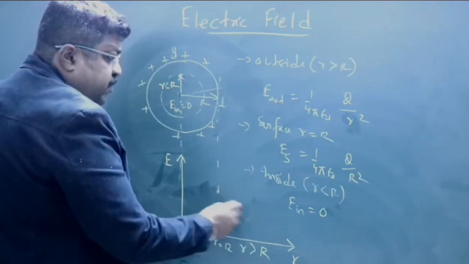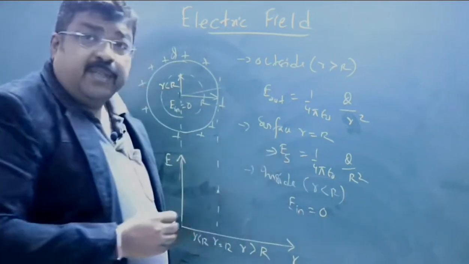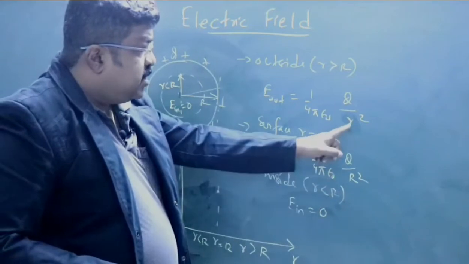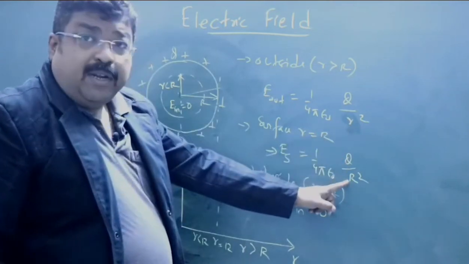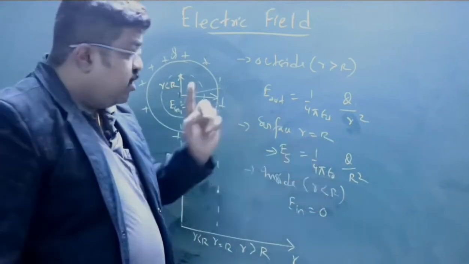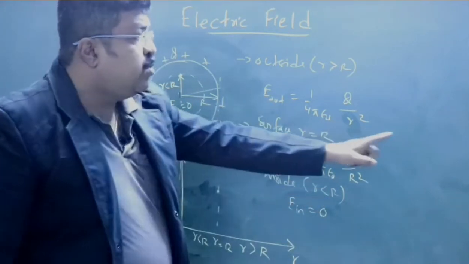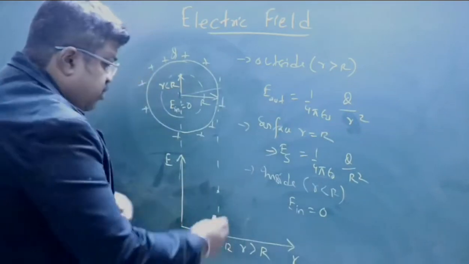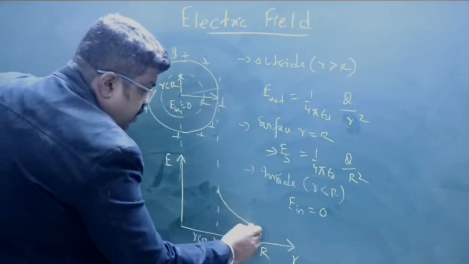Electric field intensity on the surface is this quantity, and outside it is this quantity. Now remember, this small r is greater than capital R. So obviously this field will be less than this field. Okay. And outside, as you go out, this r will keep on increasing and electric field will keep on decreasing. So this is the shape of the graph.